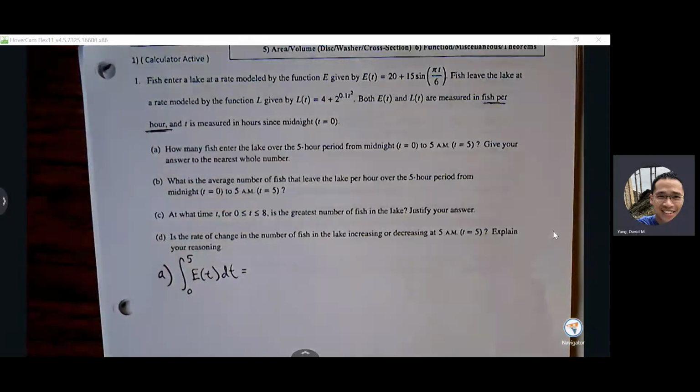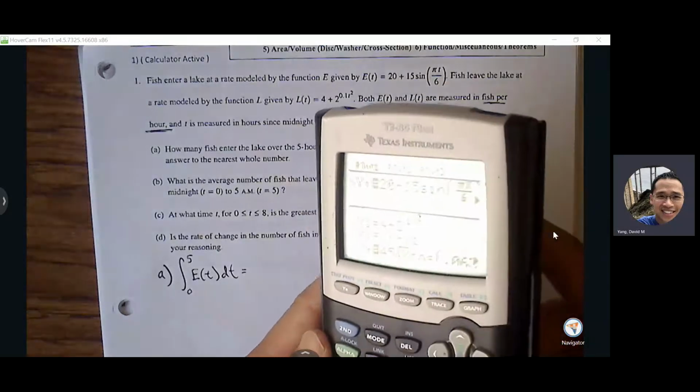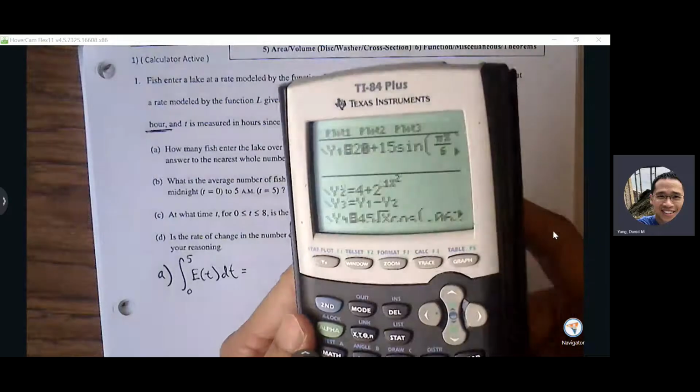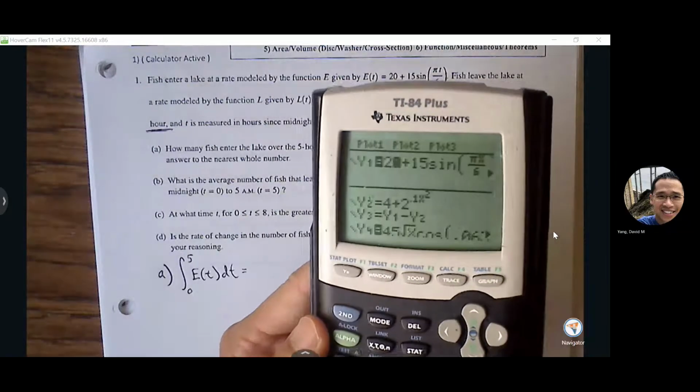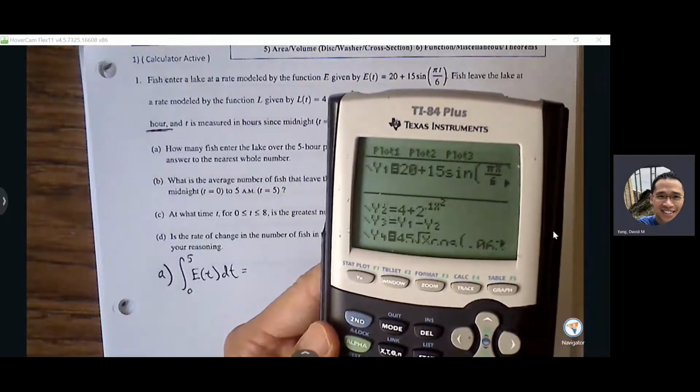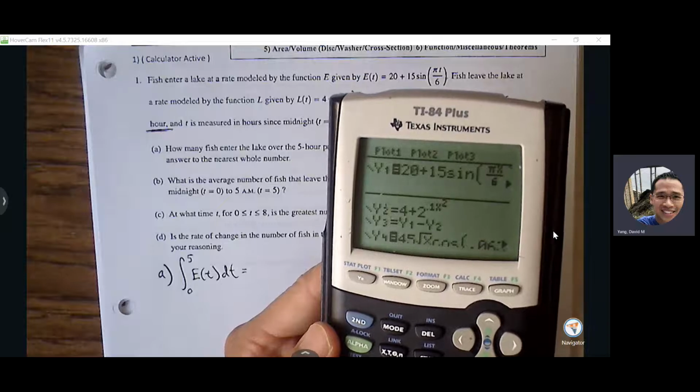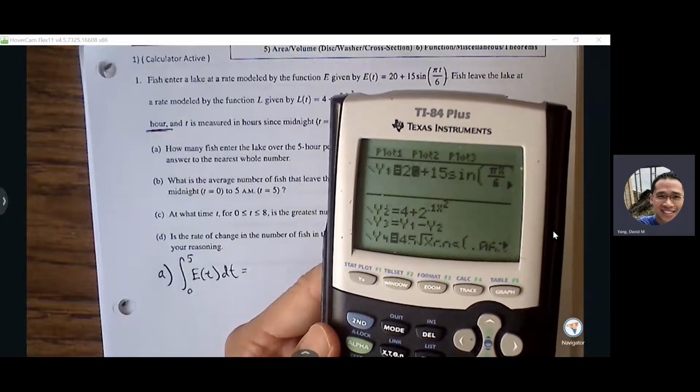Okay, let's practice entering this into our calculator. You want to make sure you're in radian mode. Because if you're using a graphing calculator, it's more efficient if you put your function, especially a messy function, into y1.